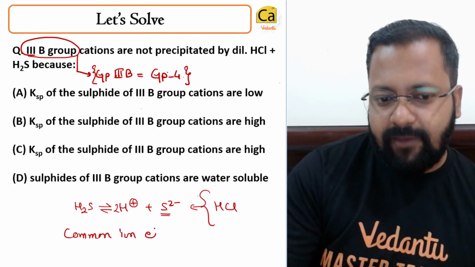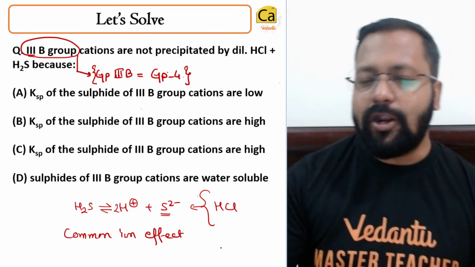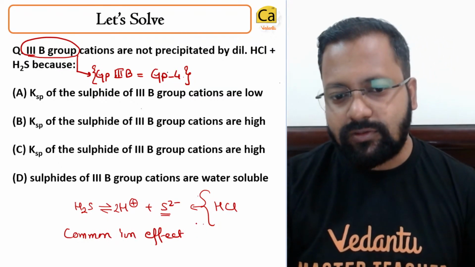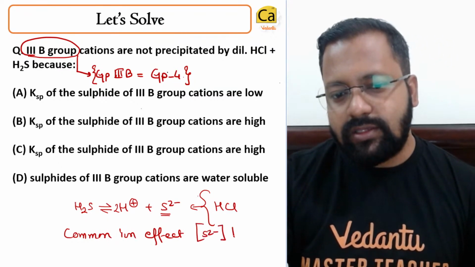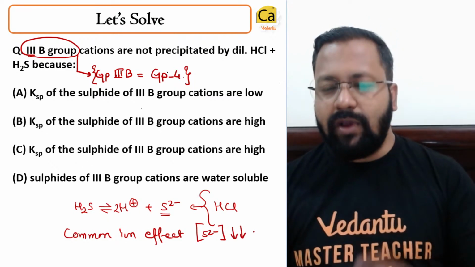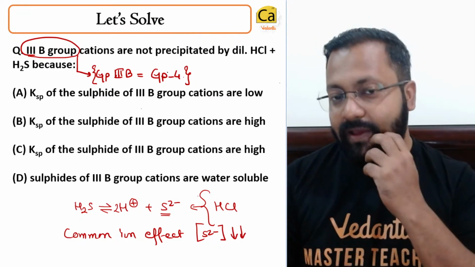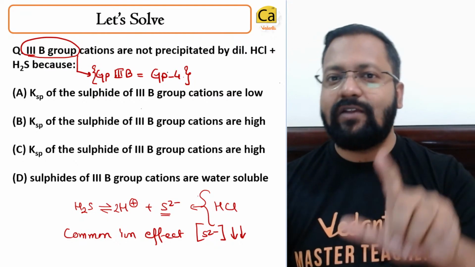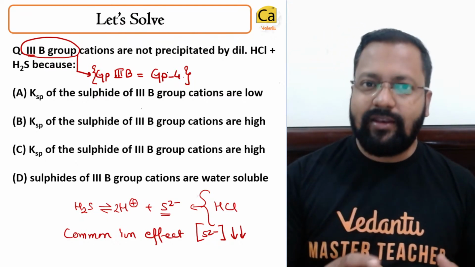Common ion effect will take place, and it will reduce the sulphide ion concentration. Concentration will decrease.